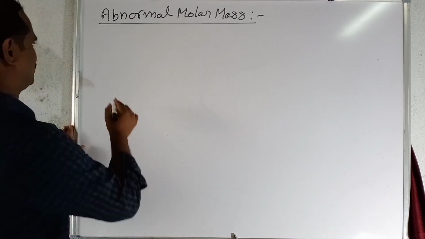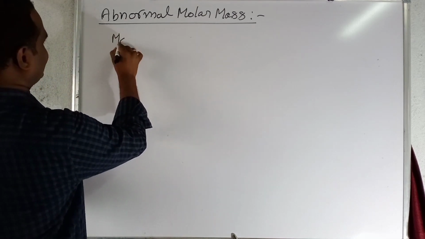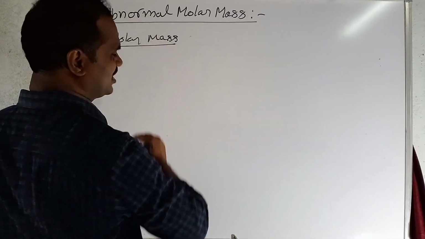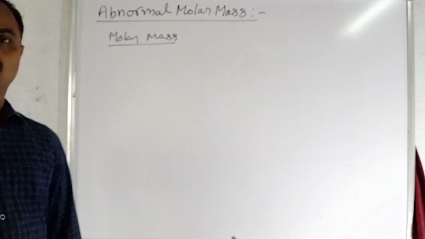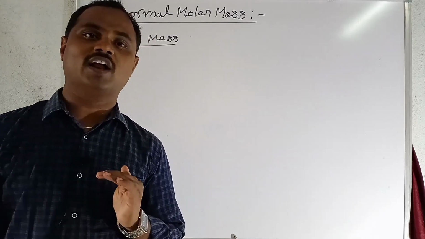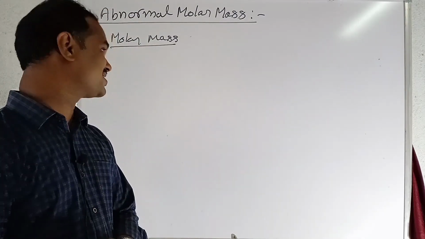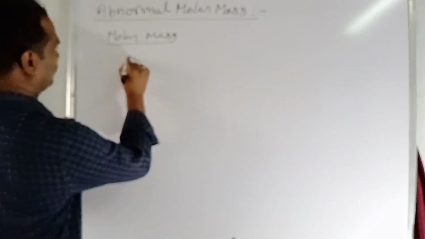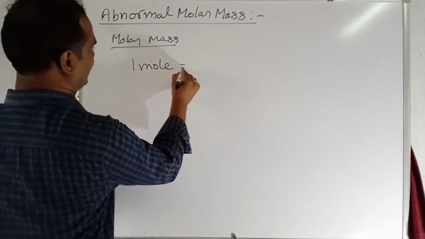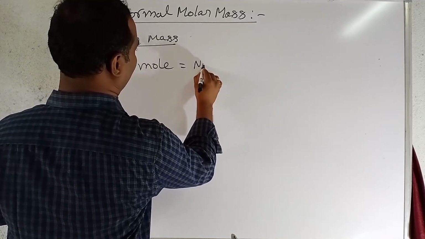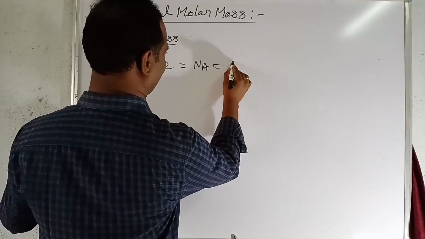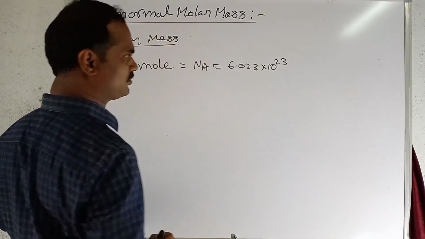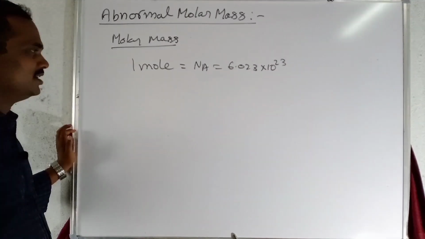Before going to that, what is molar mass? Molar mass means the mass of 1 mole of molecules. 1 mole is equal to the Avogadro number, that value is 6.023 into 10 to the power of 23 particles.